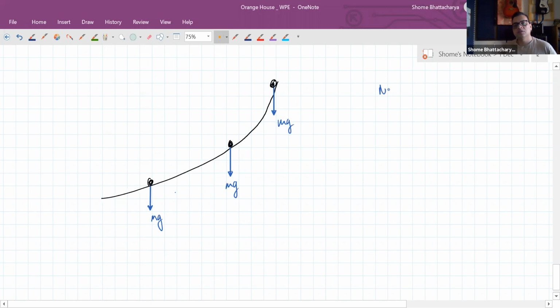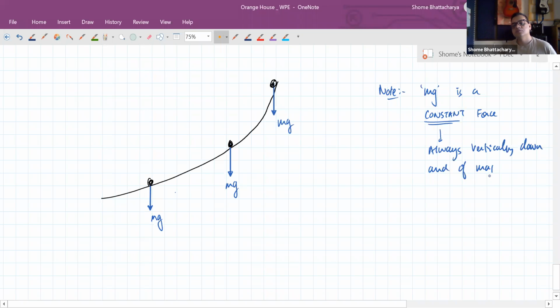So this is the first thing we understand, that mg is a constant force. It's always vertically downwards, okay, and of magnitude.